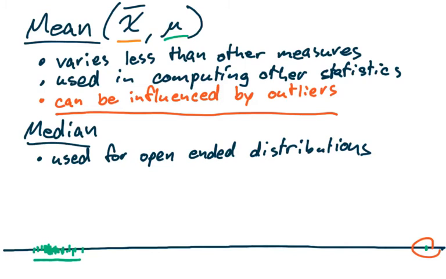So according to the mean, even though there's a lot of people in this range, the average income would be something like this. So according to this, we're all multimillionaires as a whole on average. Whereas if you look at the median, which is what you should be looking at, it's the middle value. So it's right in there.